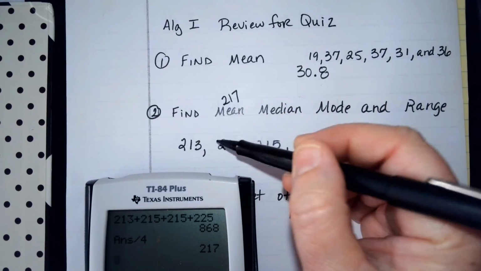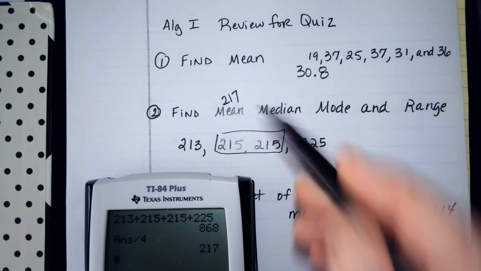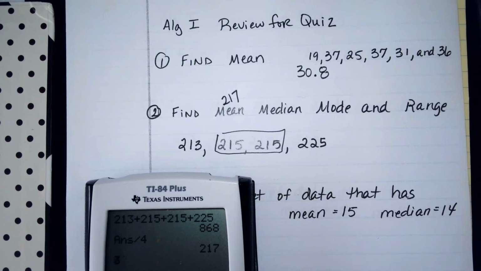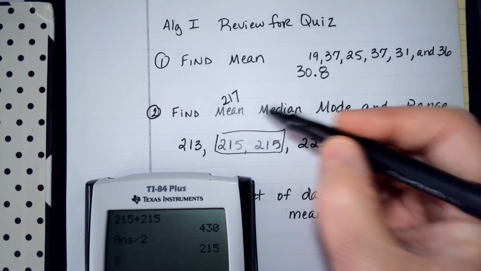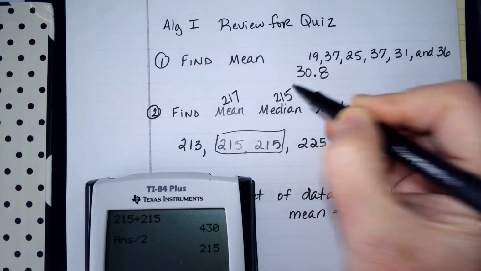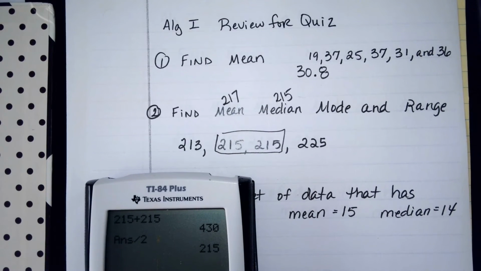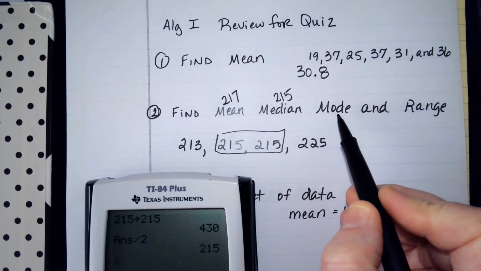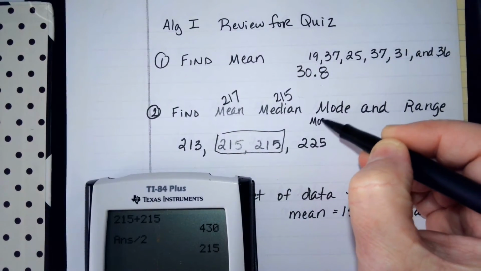The median, there are 2 in the middle. When you add them together, get your answer of 430 and divide it by 2. Your median is 215. That makes sense because the two numbers you were working with were each 215. The mode is the one used most often.